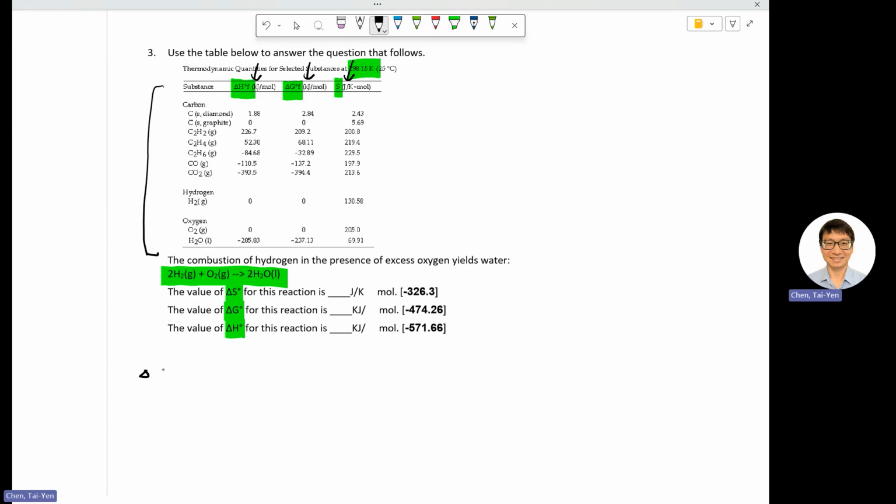Let's start from the delta S naught first. What you need to do is take the summation of the coefficient times the entropy of your products minus the summation of the coefficient times the entropy of your reactants. This is all you need to do.